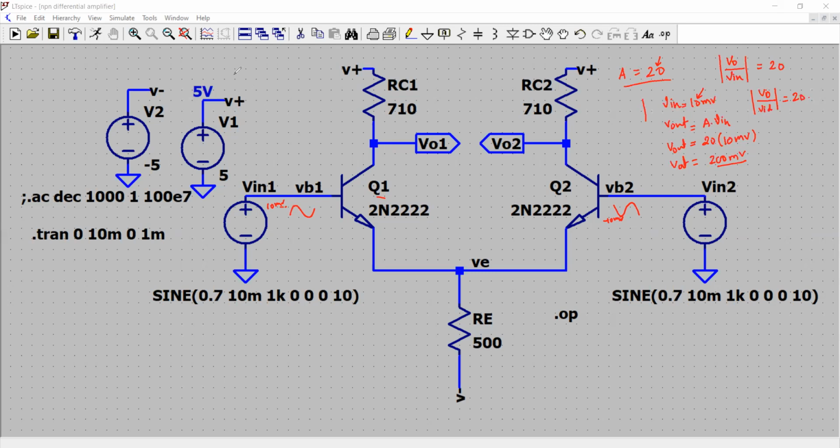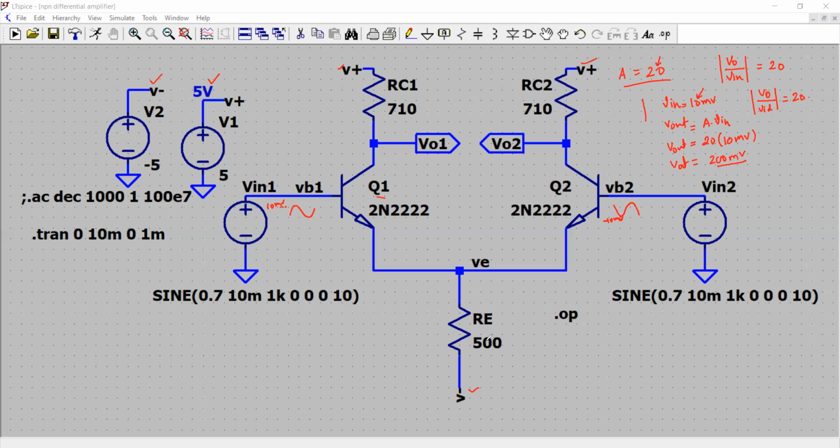Now I am given a supply voltage of plus minus 5 volts. So I have a power supply with dual voltages, that is V plus applied to these two nets, and V minus is applied right over here. I am using the 5 volt and minus 5 volt, which is connected as shown.